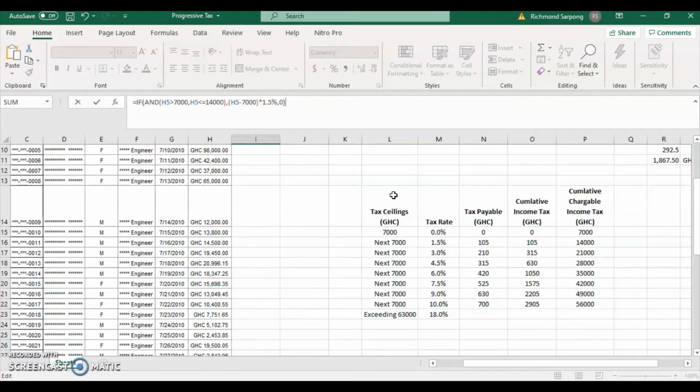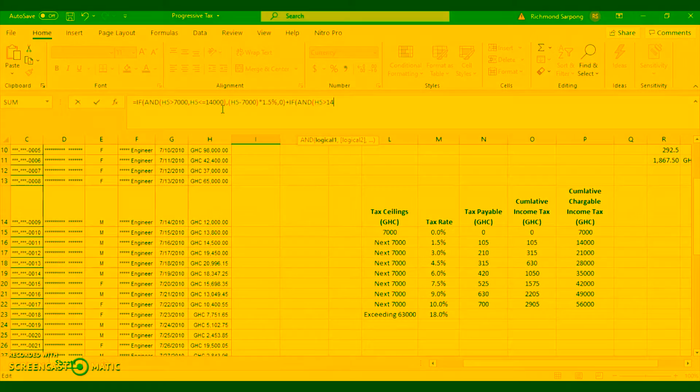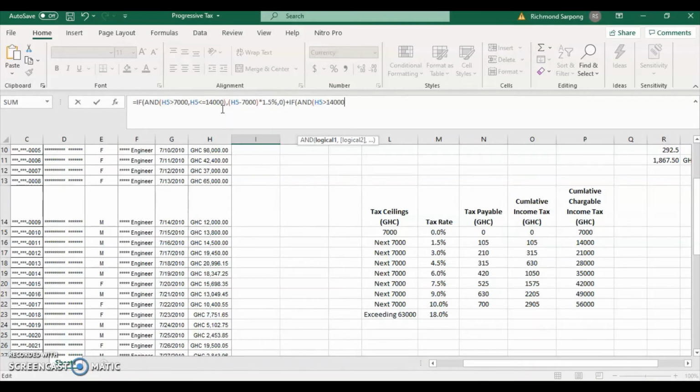And I'll greater than 14,000. It should be greater than 14,000 rather. And H5 is less or equals 21,000. We are in this threshold.